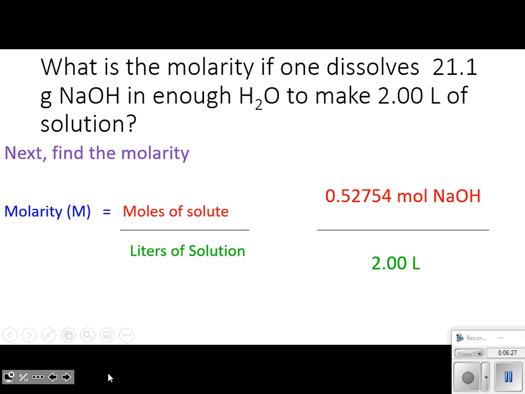So when I divided that out, I came up with a value of 0.264 molar sodium hydroxide. So what I've made there is a 0.264 molar solution of sodium hydroxide. Not too tough a math, is it?